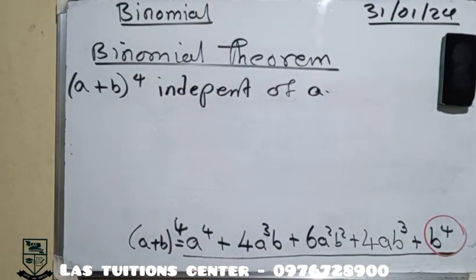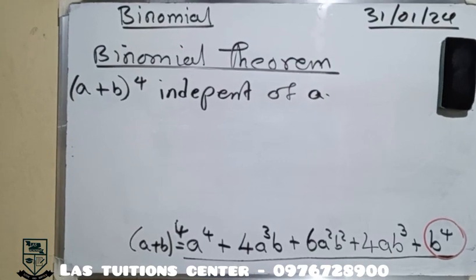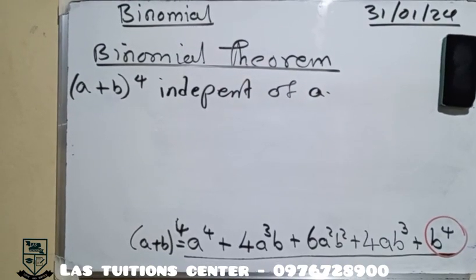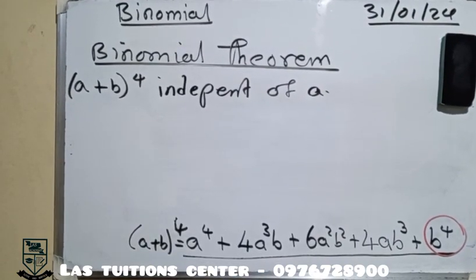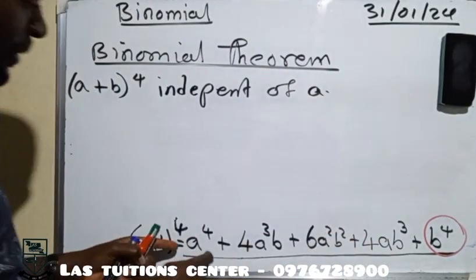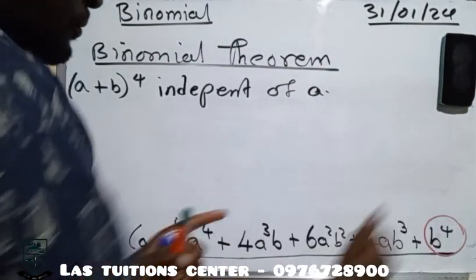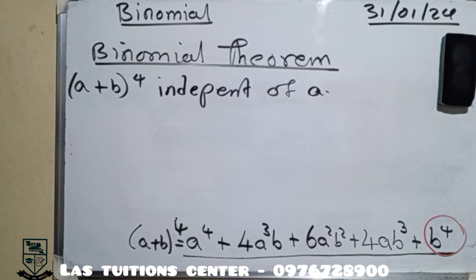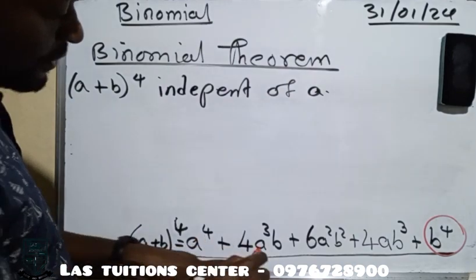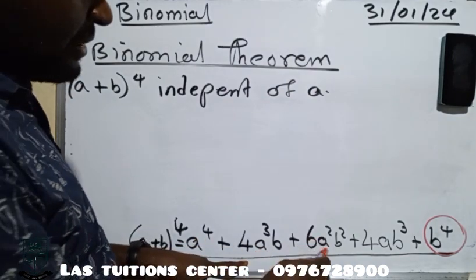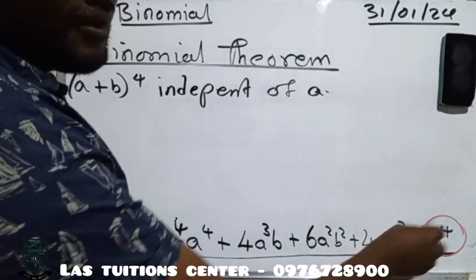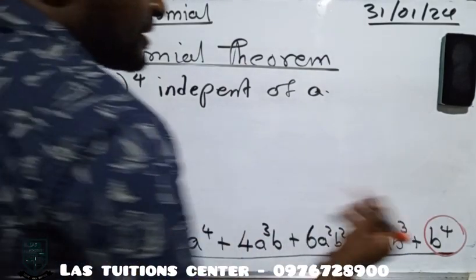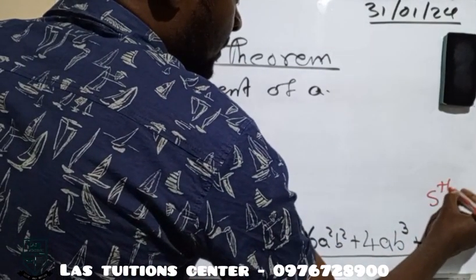And also one thing you need to understand is that the same last term that we have, the same b to the power 4, we need to find which term it is here. With that one we can simply count. So we have 1, 2, 3, 4, 5. So this is the fifth term.